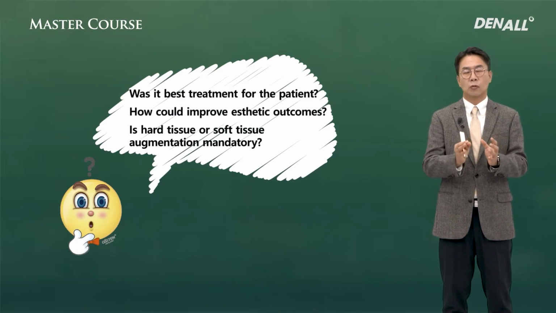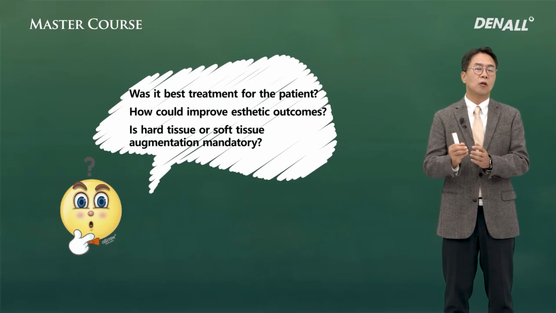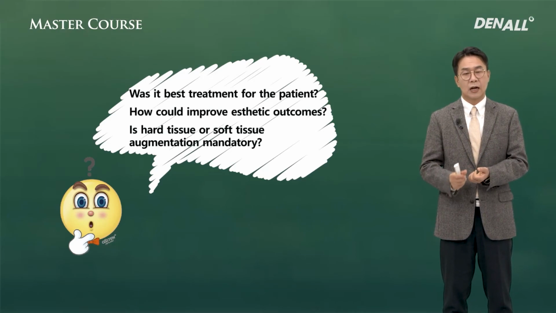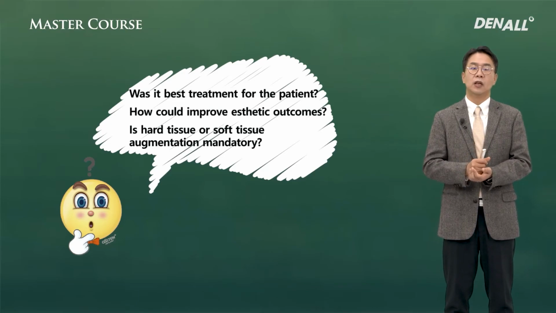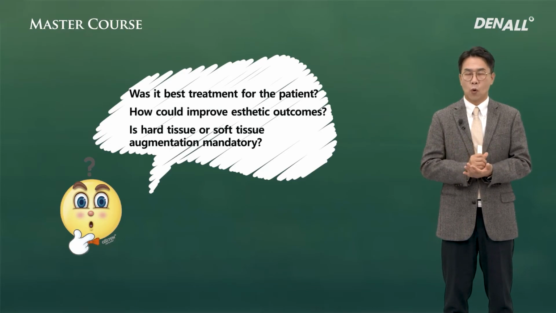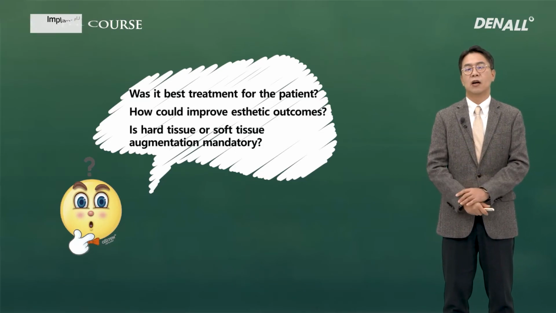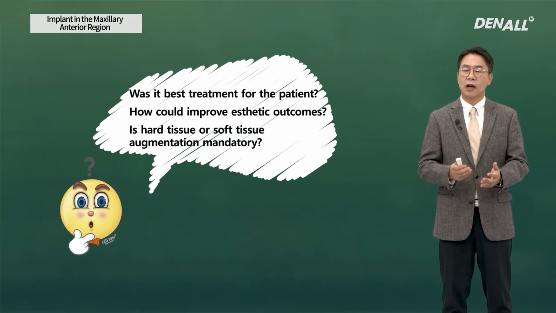If it was not the best treatment and if it could have been improved, we need to think about how you can improve the treatment. And we need to think about, is the hard tissue or soft tissue augmentation really necessary?